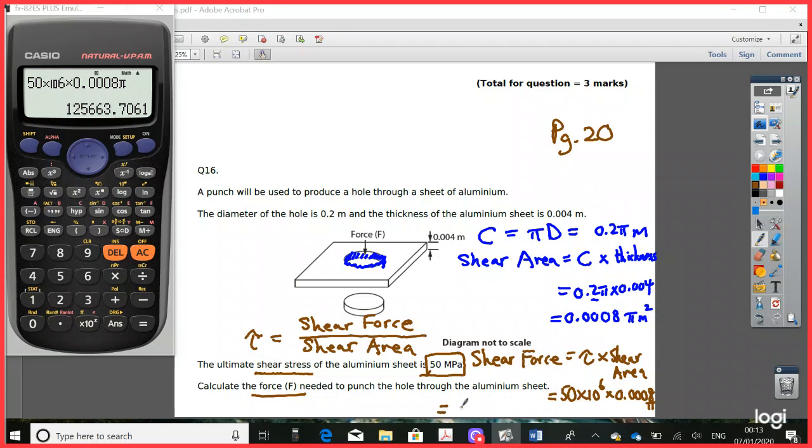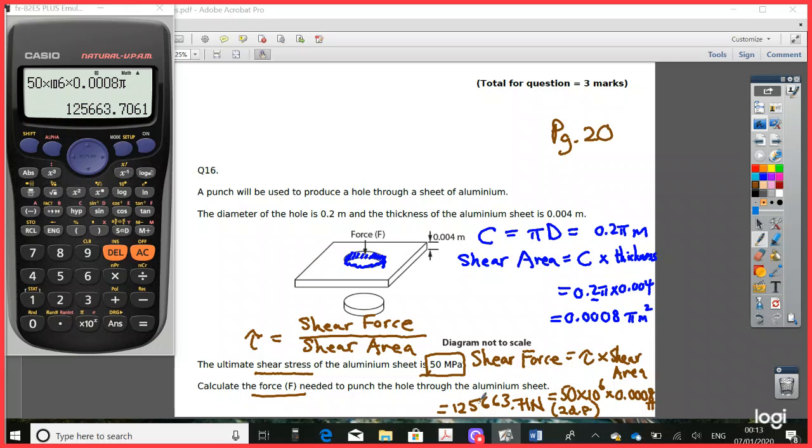So it's equal to 125,663.71 Newtons, rounded to 2 decimal places. Okay, so that's how much you need.